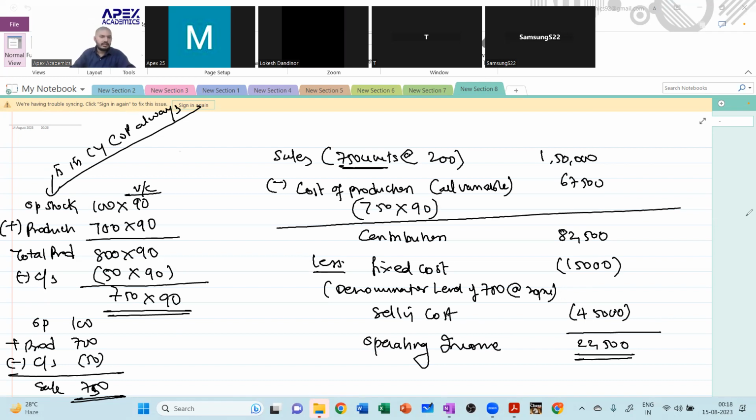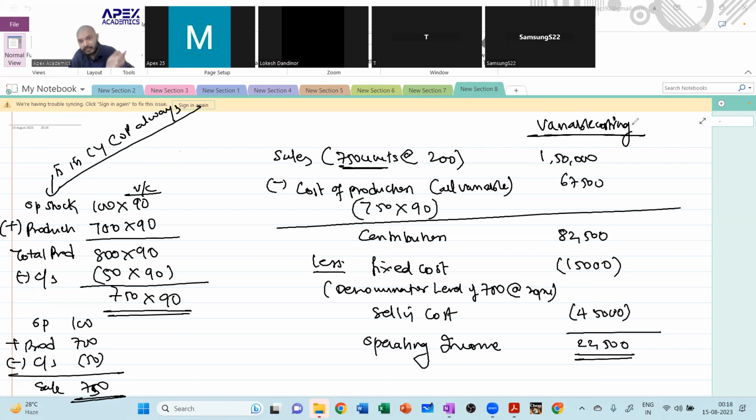This is your operating income. This right here is your operating income, ladies and gentlemen. This was under variable costing. Please understand, this was under variable costing.